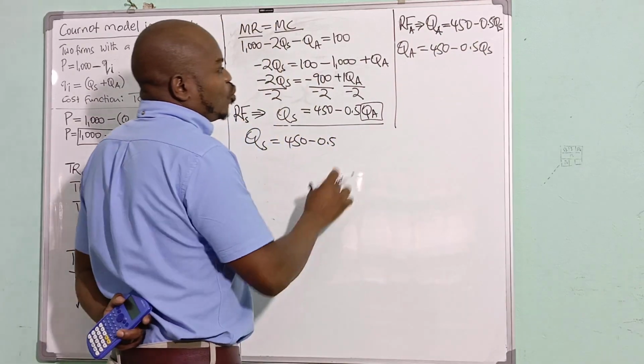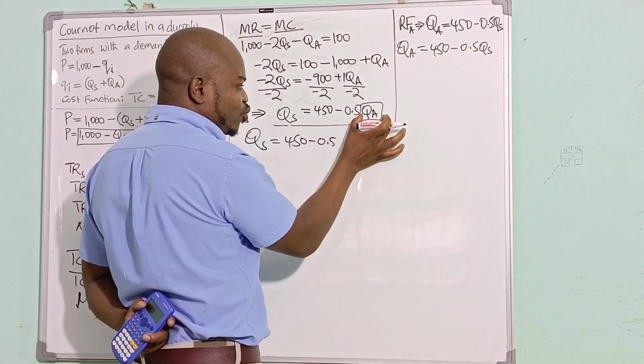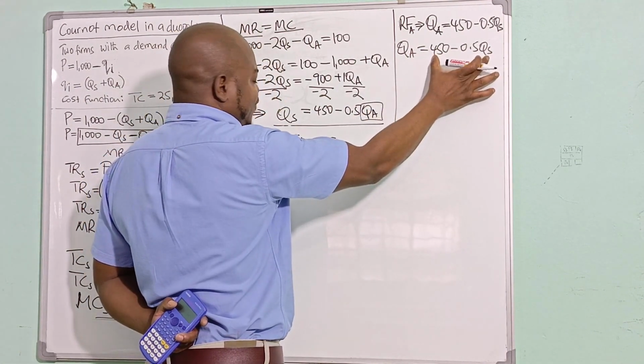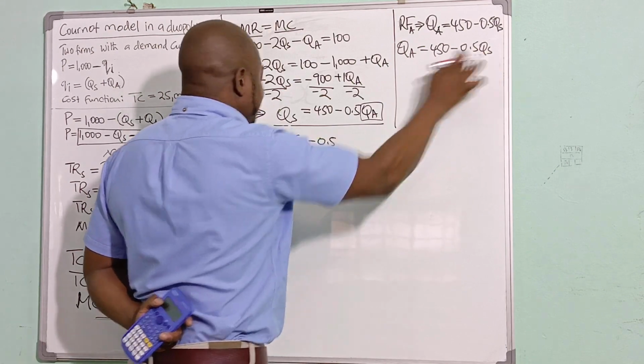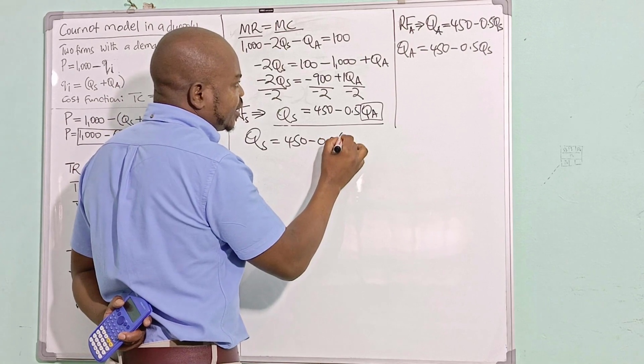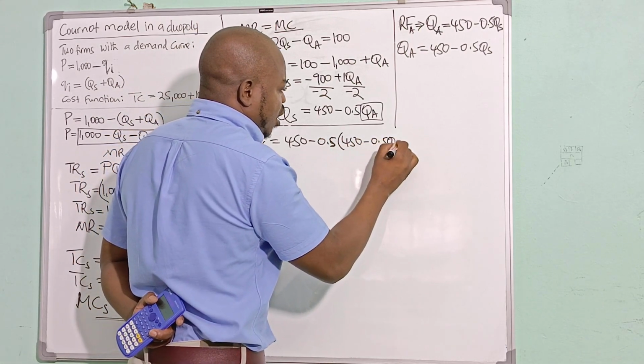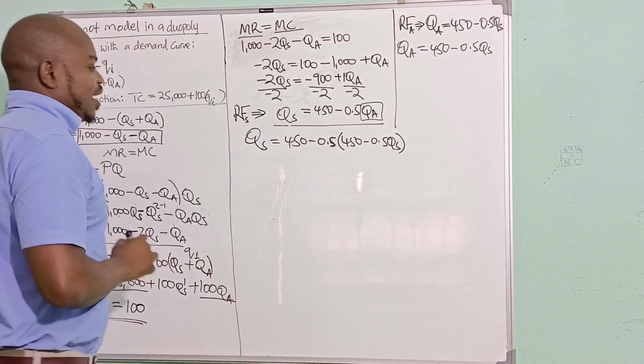So where there is a QA here, I can replace the entire function there so that I have everything in terms of S, and then I can calculate the quantity for S. So I'll bring it here and say 450 minus 0.5 QS there.